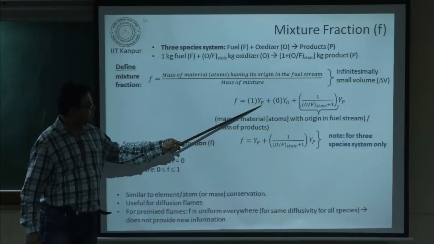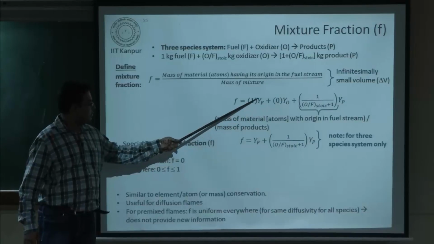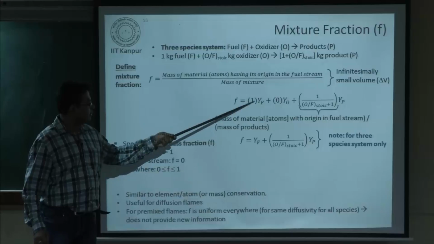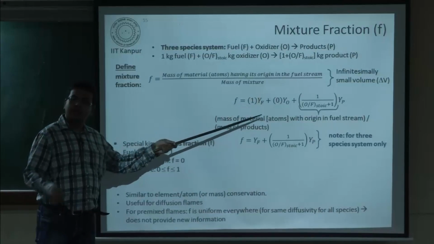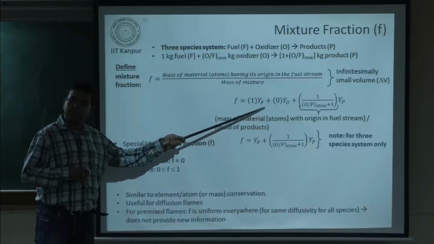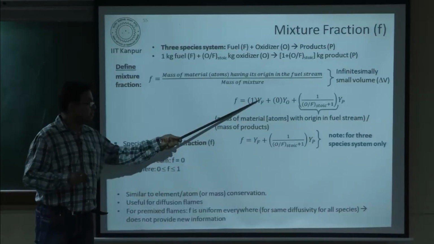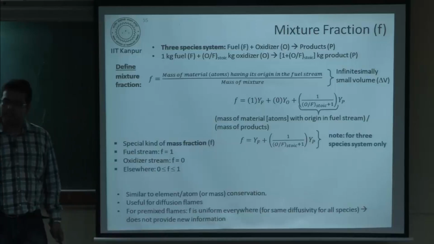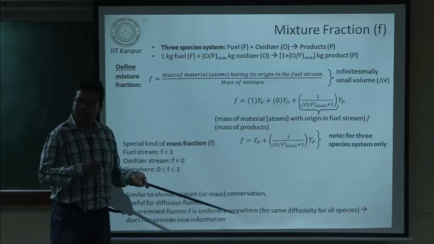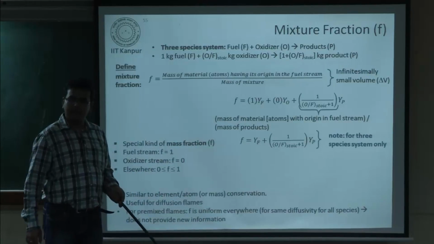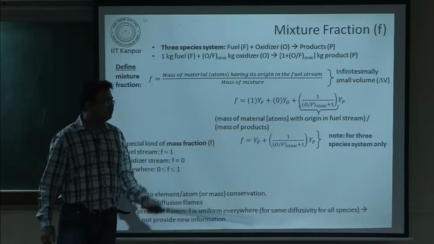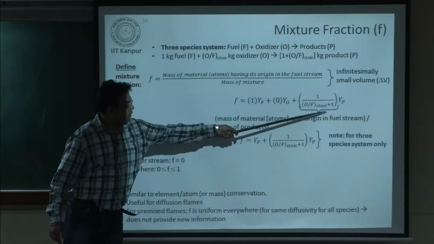So Yf, right. Here we are assuming that the jet is pure fuel, okay. Whatever Yf is there at that particular point has originated from the fuel jet, okay. Also there is some reaction, okay. There was no oxidizer in the jet, so it is 0 times Yo, and then there is another term.